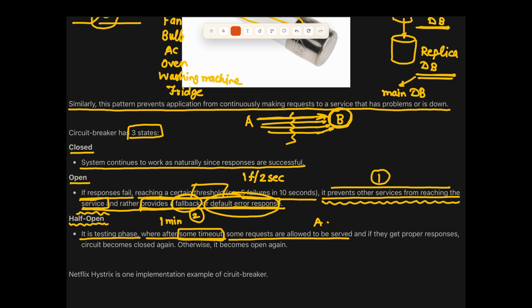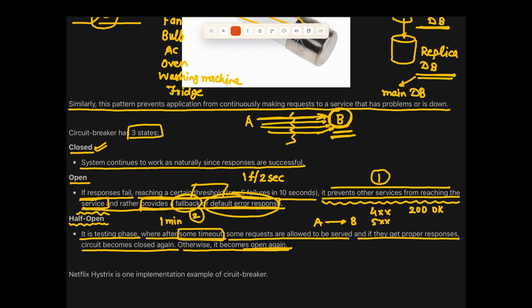So A is sending some request to B. And if they get a proper response, let's say a successful response, 200 OK, right? Not 4xx or 5xx, right? Then the circuit becomes closed again. Otherwise, it again becomes open because we detect that we are still getting errors. Let's not bog down B and let B recover fast. So ensuring a smoother recovery of B, the system again becomes open.